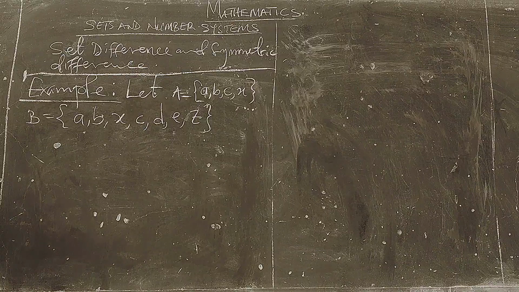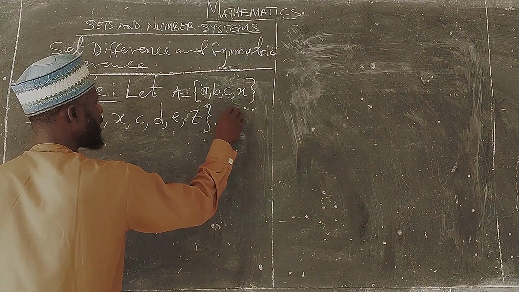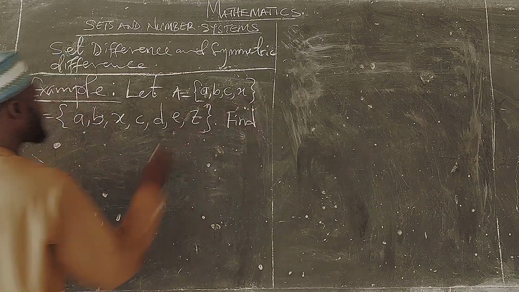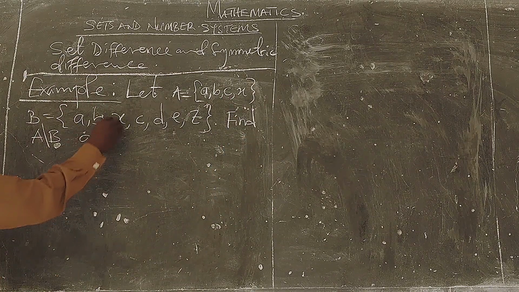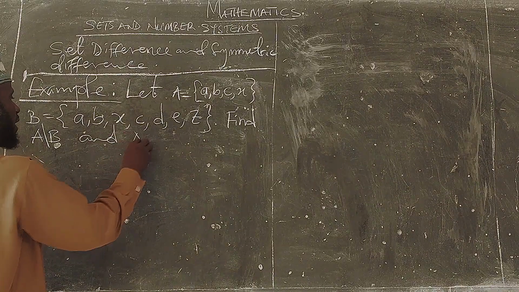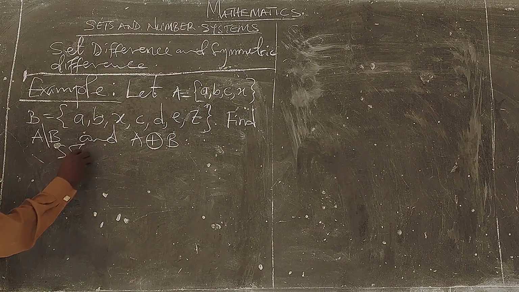We are now asked to find A minus B and the symmetric difference of A and B. This is the solution.